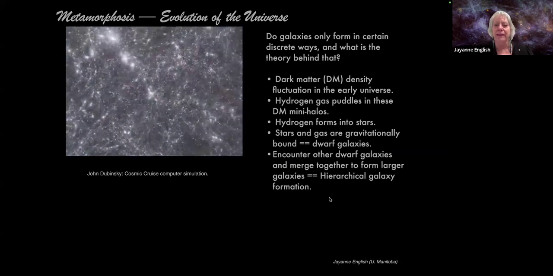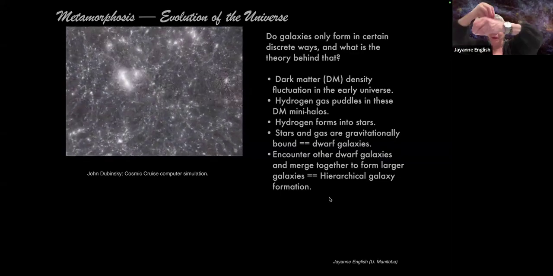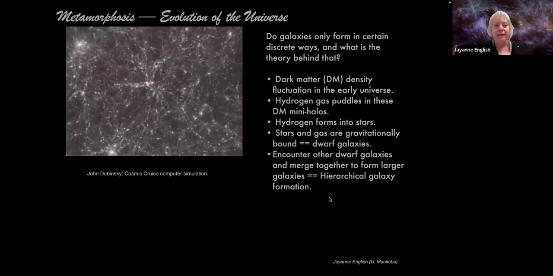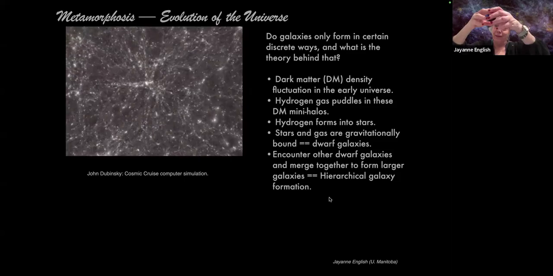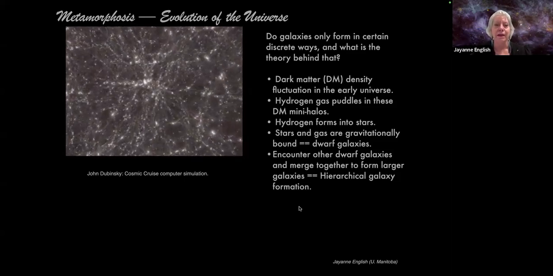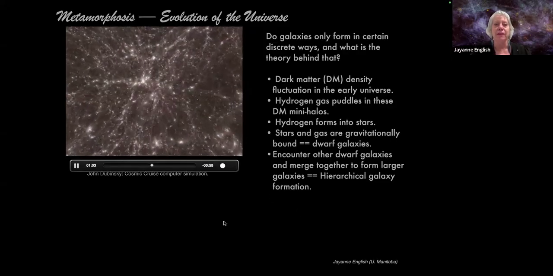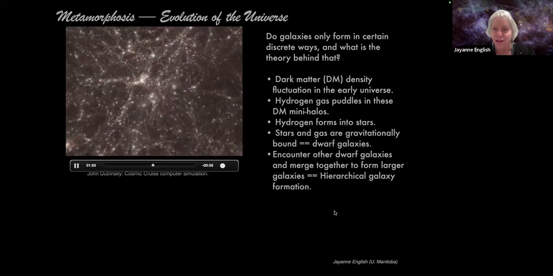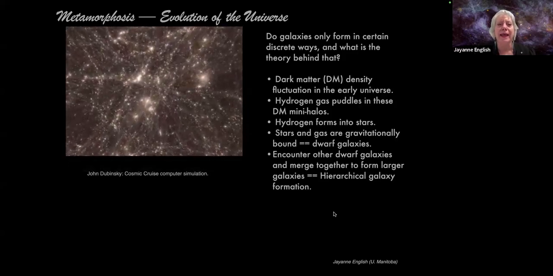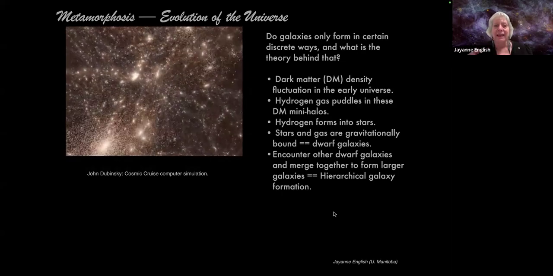And the dwarf galaxies encounter other dwarf galaxies, and they orbit around each other and then merge together to form a larger galaxy. And then these larger galaxies merge together and so on. And this is called hierarchical galaxy formation. And as you see here, this is what's been going on in the cosmological simulation. And what you can see is that things aren't distributed uniformly.